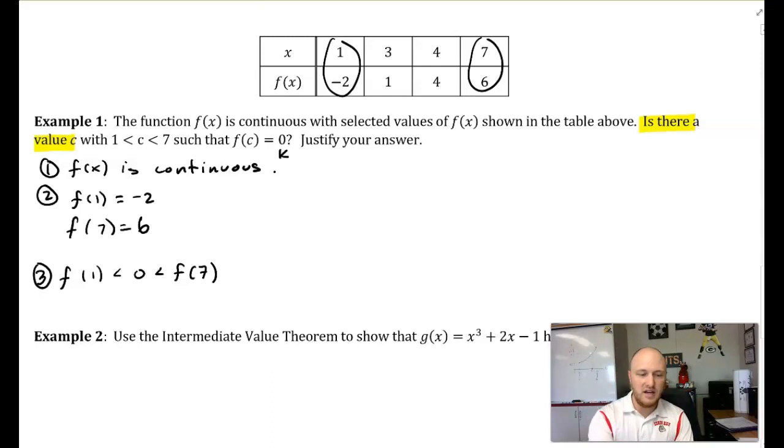And then we go ahead and write our result here, or our conclusion.